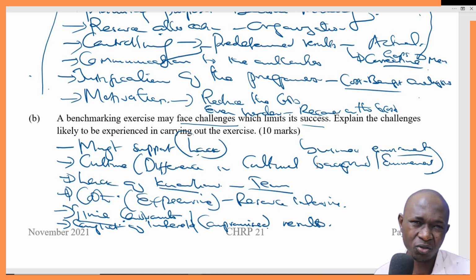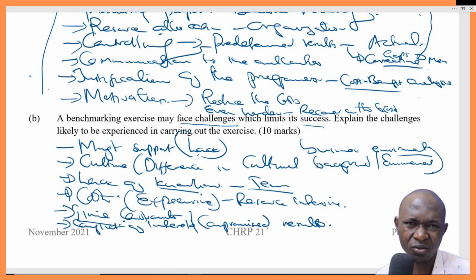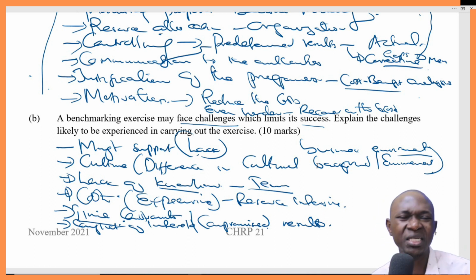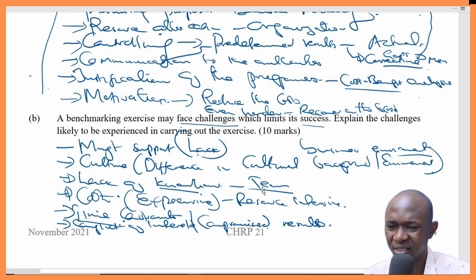And it's very common also with management, so that they can appear like they are doing well. So at the end of the day, the benchmarking exercise doesn't show the correct picture if there is conflict of interest. If there are some other interests other than being objective to the goal or to the cause, then that can also affect the whole exercise.